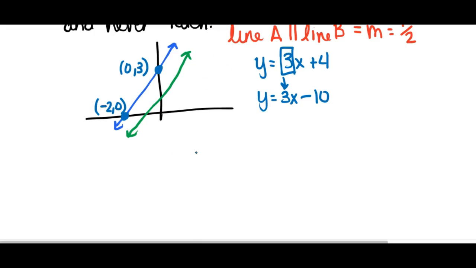We could find all of this stuff, couldn't we? We start with our y-intercept, which in this case our blue line crosses the y-axis at 3, and then our slope. Well, from here to here is 3, and we're falling, so it's -3.